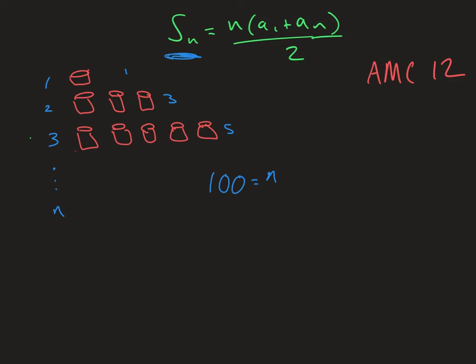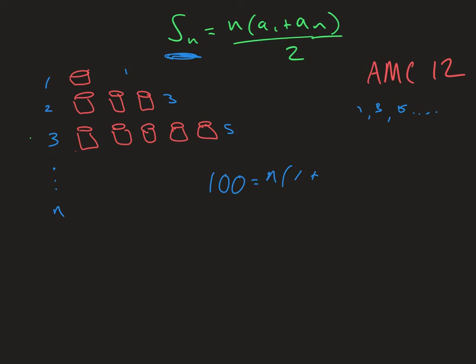So we can just leave it as n, times open parentheses, a sub 1, which is just how many do we have in our first row? Because if we think of each term in our sequence being 1, 3, 5, dot dot dot, well, a sub 1 equals 1 then, because we have 1 in our first row. How many do we have in our last row?